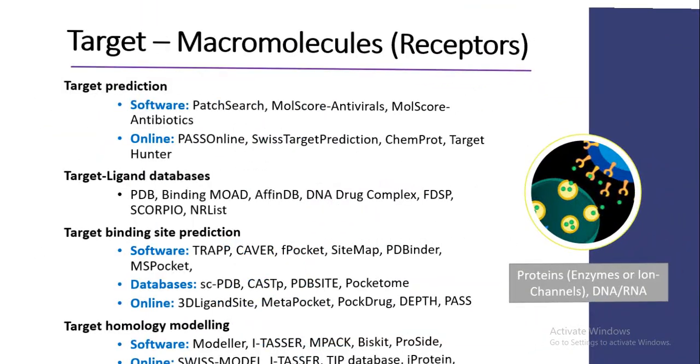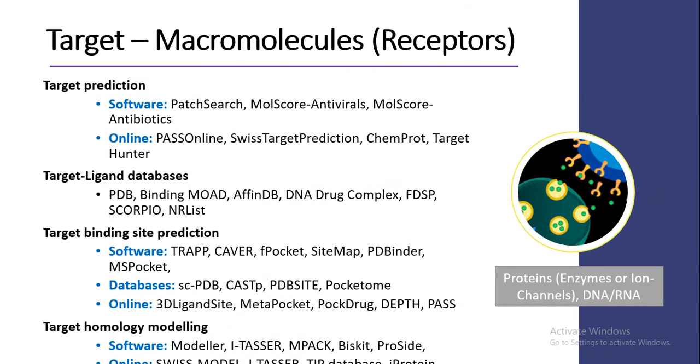For the target, which is our macromolecule or receptor, maybe proteins, enzymes, ion channels, DNA or RNA, first of all we should know what kind of targets our ligand will bind to. So we can predict our target through computational means, using different softwares like PatchSearch, MolScore, MolScore antivirals, and MolScore antibiotics.